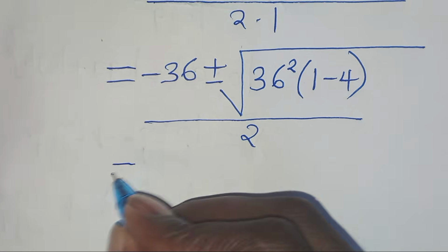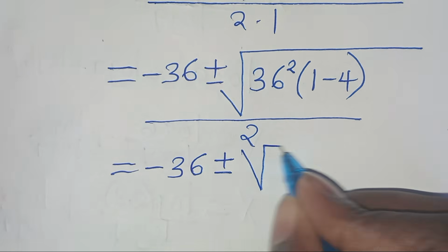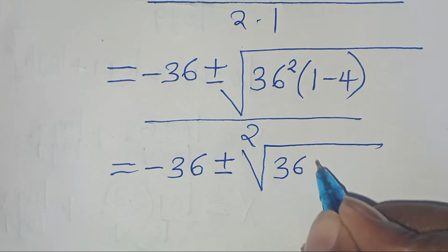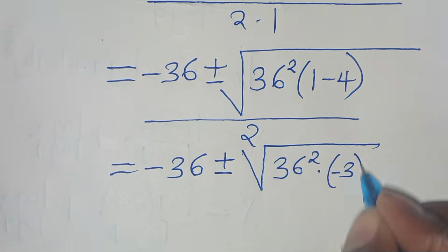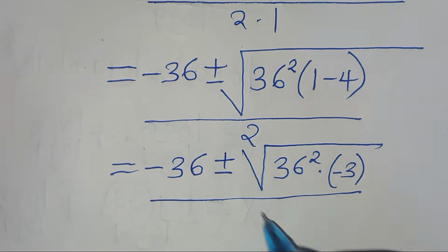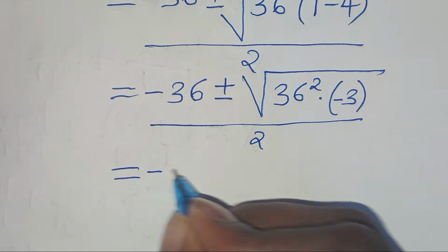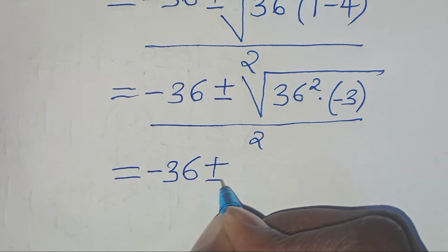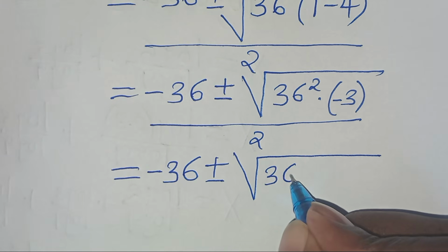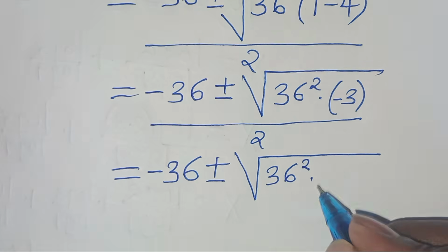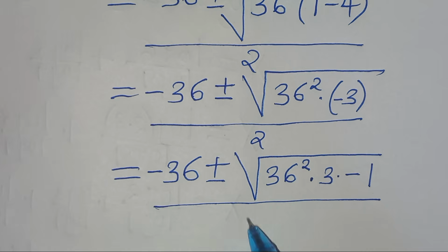So we have negative 36 plus or minus, we have the square root of 36 to the power of 2 multiplied by 1 minus 4, this is negative 3, then divided by 2. So this is to mean that here we have negative 36 plus or minus the square root of, now we can express this as the square root of 36 raised to the power of 2 multiplied by 3, then multiplied by negative 1, everything here divided by 2.